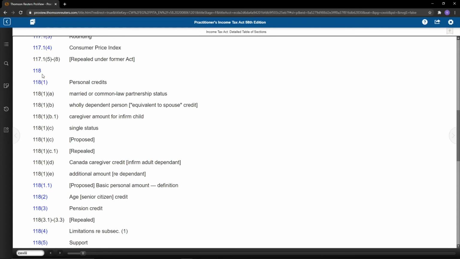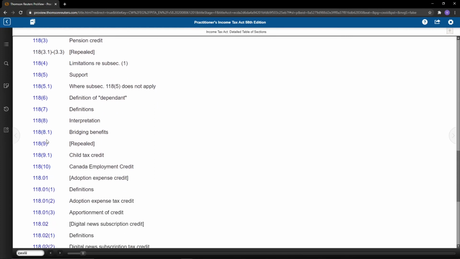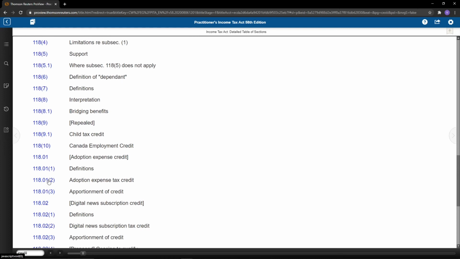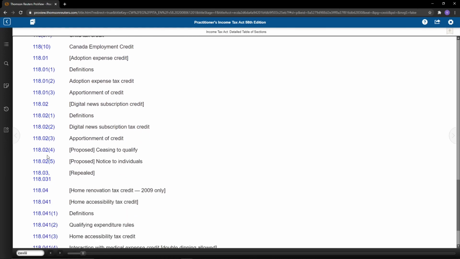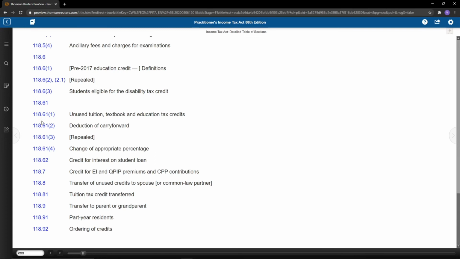Let's take a look. Notice section 118. 118 has subsection 1 in it and, well, a lot of subsections in it. And if we scroll down, we eventually get to 118.01, 118.02, 118.03, 118.04, and that'll continue for a while. Try to find 118.8.